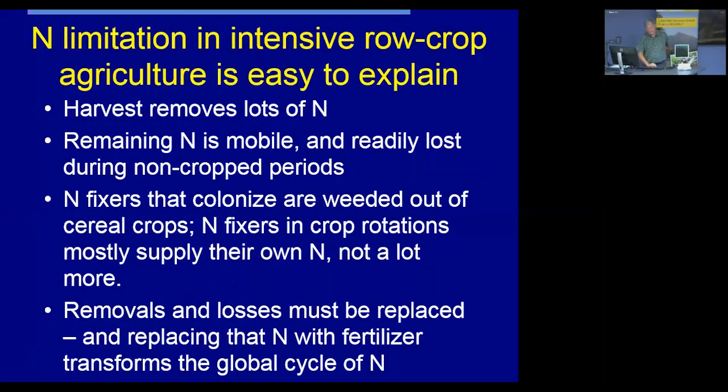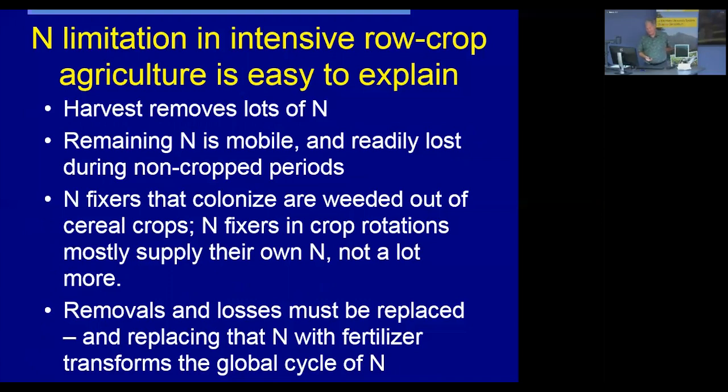And I want to, as an aside, say nitrogen limitation in intensive agriculture is not difficult to explain. Harvest removes a lot of nitrogen from ecosystems. The remaining nitrogen is mobile and relatively readily lost from systems during the non-cropping period. Nitrogen fixers that colonize agricultural systems during the cropping season are weeded out of cereal crops, and nitrogen fixers that occur in crop rotations mostly supply their own nitrogen, not a lot more.